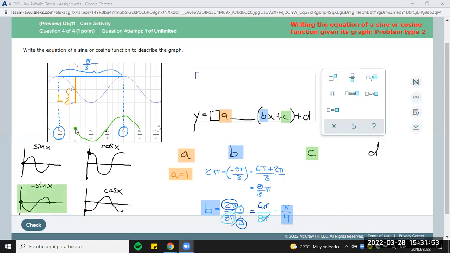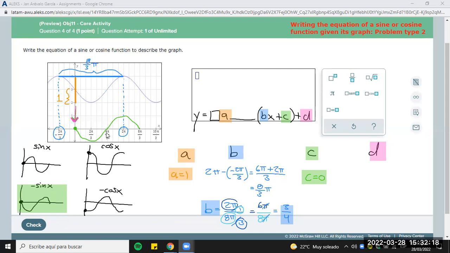So that means C equals 0 because there is no horizontal movement. And also we can see that the shape of the function, if we translate it into the origin, is a negative sine. So we're going to use that too. C equals 0.